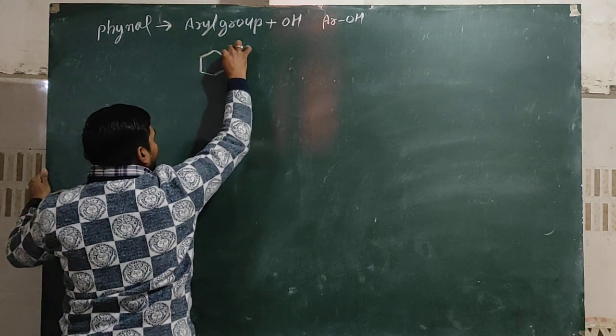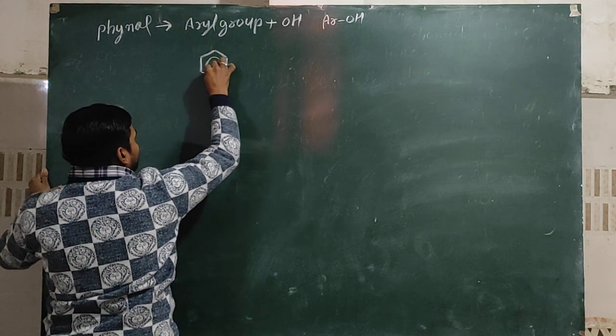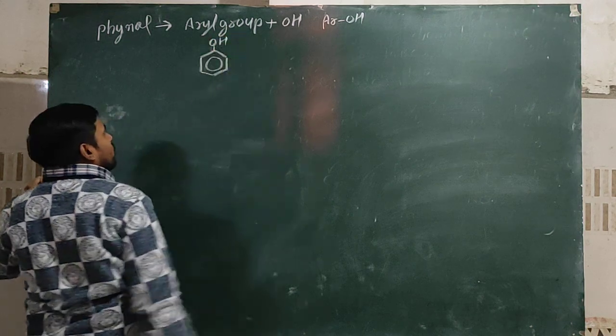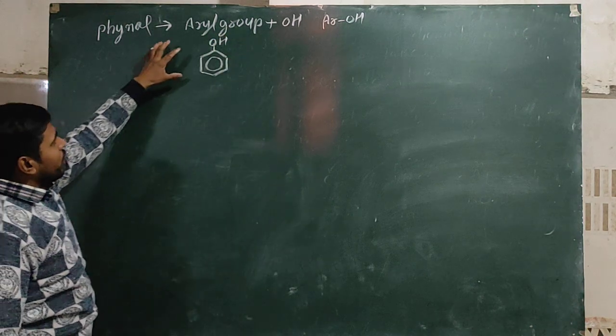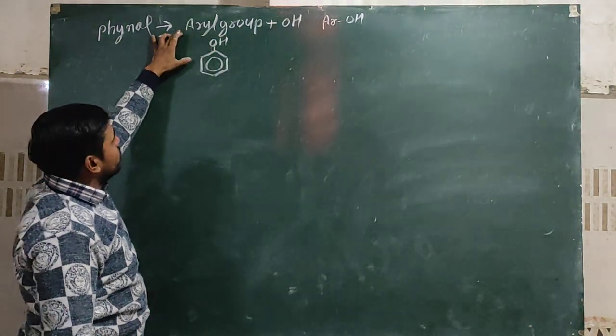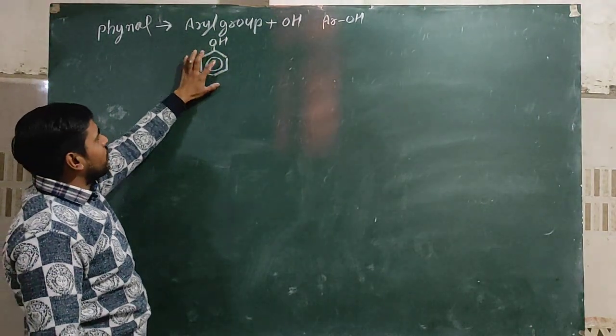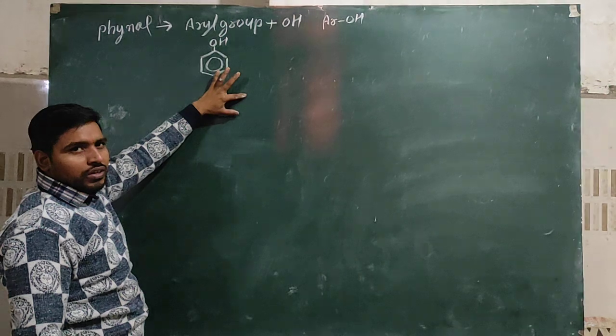You can see here, when any benzene ring is directly bonded with an OH group, the aryl word is used for the aromatic hydrocarbon, and the aromatic hydrocarbon is present in the form of benzene.